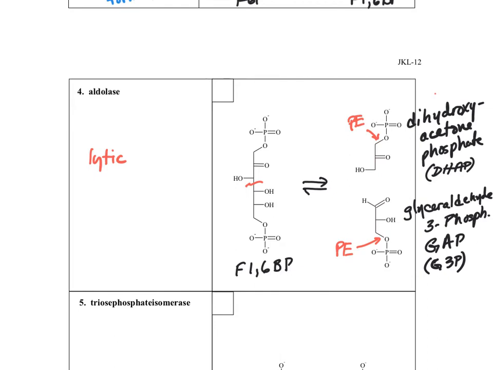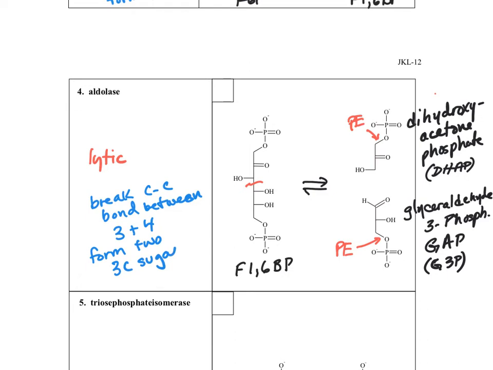And maybe that's worth a note. We break a carbon-carbon bond between 3 and 4, and we form 2 3-carbon sugars. And those 2 3-carbon sugars are isomers of each other. That's going to play an important role going forward.